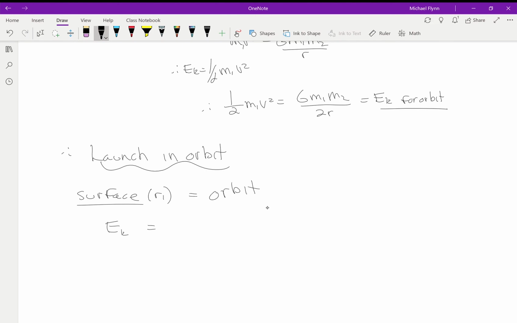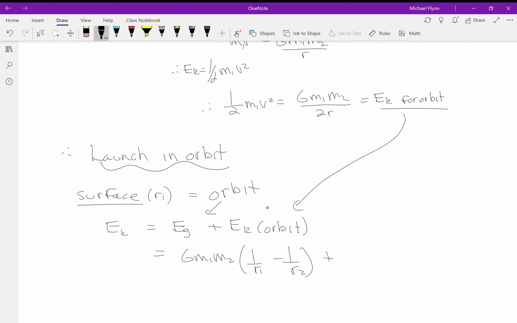okay? The orbital energy will equal the change in gravitational potential plus the EK for orbit that we just worked out right there. So that's going to equal G m1 m2 times 1 over r1 minus 1 over r2, and then you're going to add G m1 m2 over 2 r2, r2 being the orbital radius.